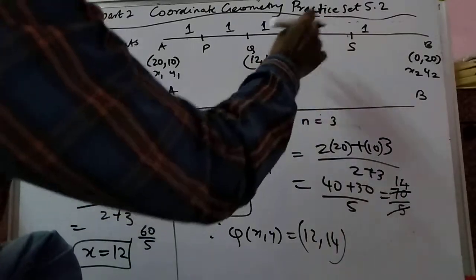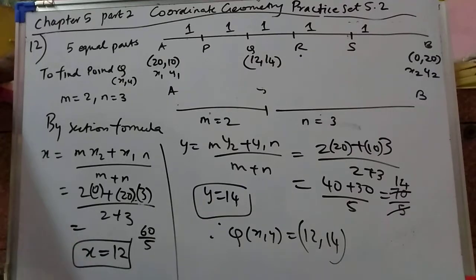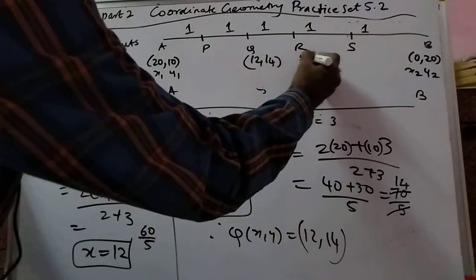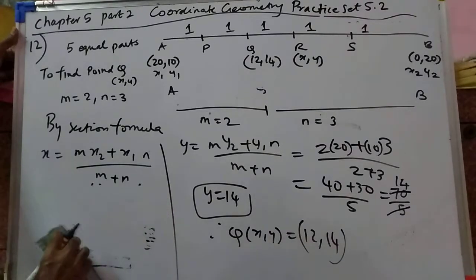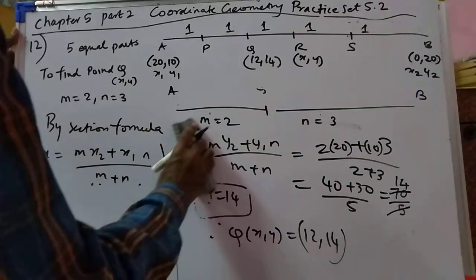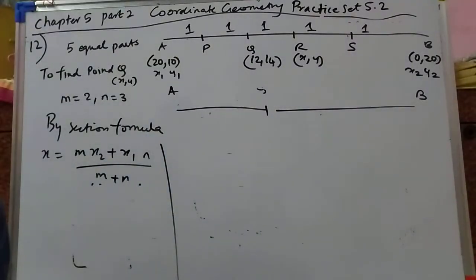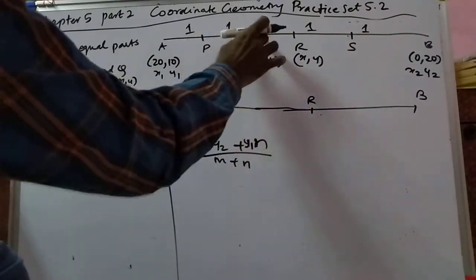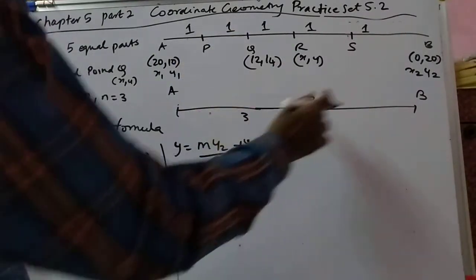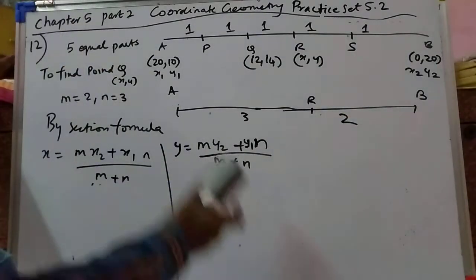Now let us find R. Okay, section formula. Take it as x and y now. Now you can see the 1 plus 1 plus 1 is 3, and here 1 plus 1 is 2, so it will change.